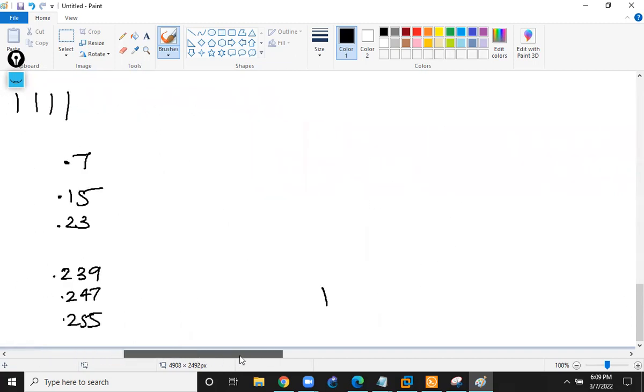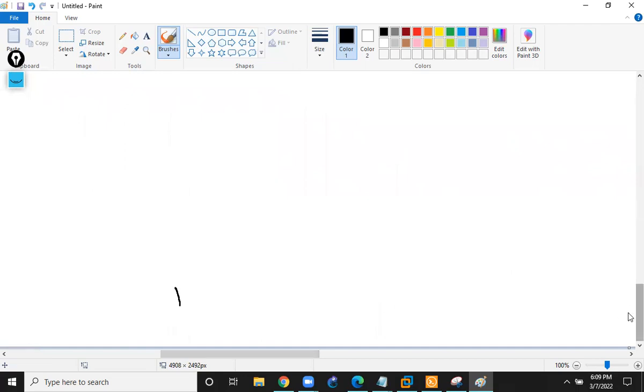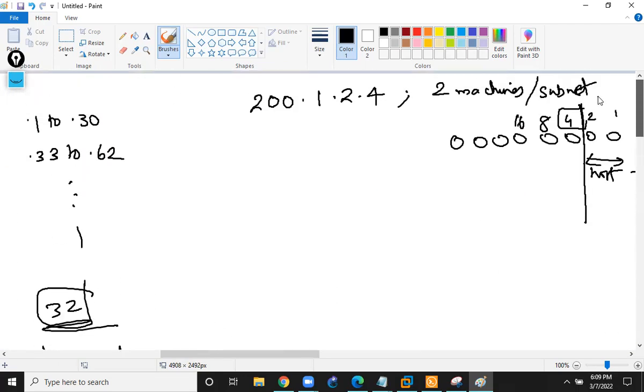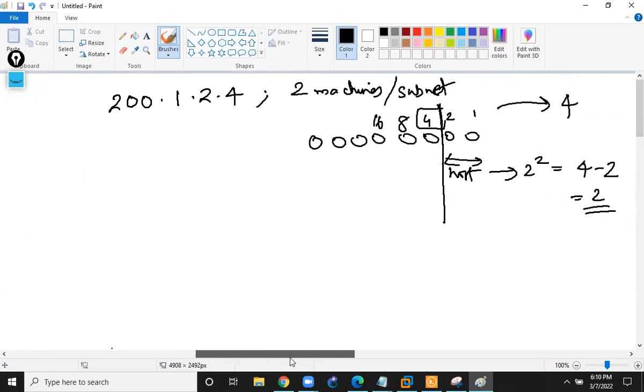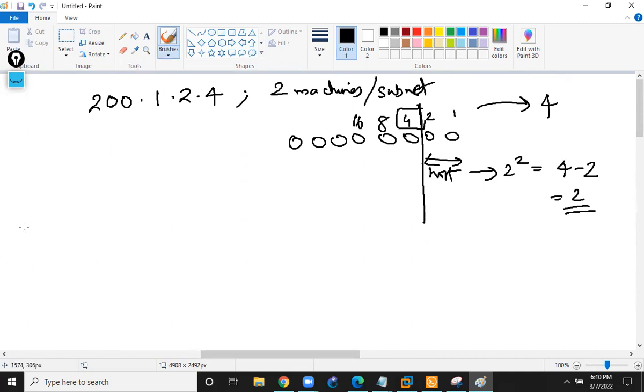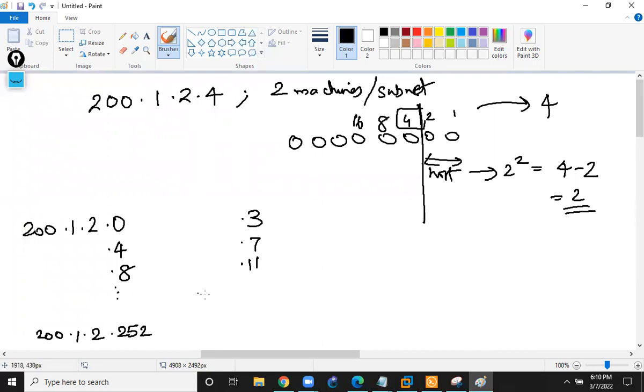So now, if you have done the last question, the answer comes like this. For 2 machines per network, the subnet goes like this: 200.1.2.0, 3, 4, 7, 8, 11, like that it goes till you have 200.1.2.252. At last you will have 255, the broadcast.